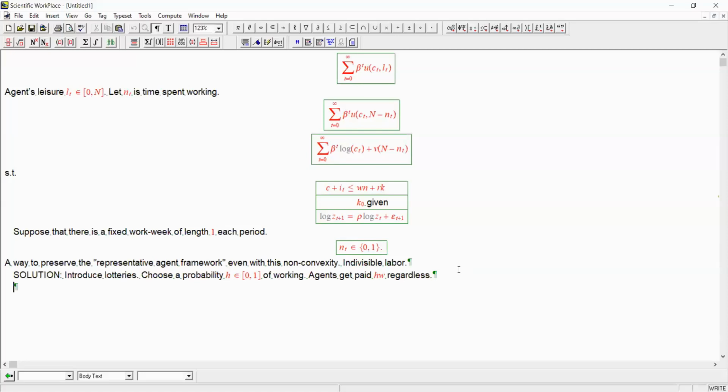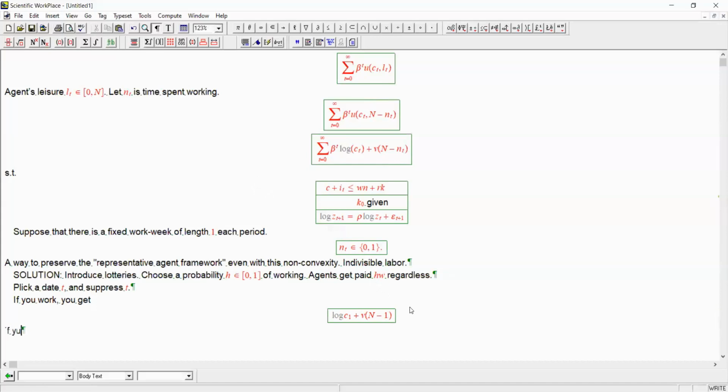So let's just go with this. Let's see what happens on a particular date t. Let's suppress the subscript t for simplicity. If you work, you get log, in this period of course, C1, 1 corresponding to the fact that you're working, and then you get leisure of N minus 1, big N minus 1.